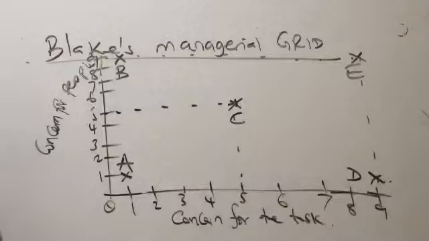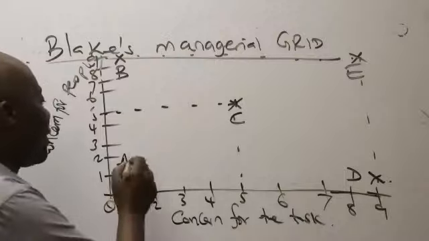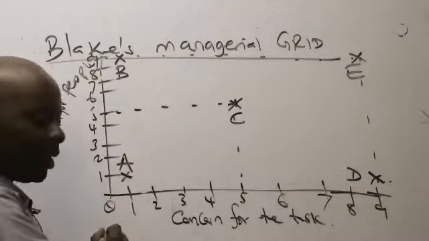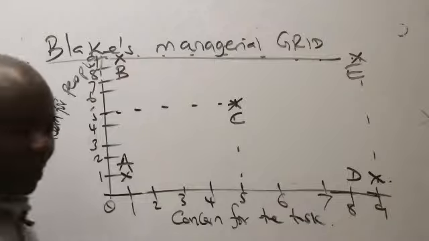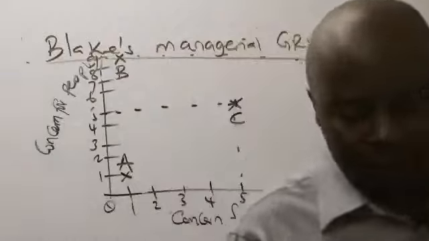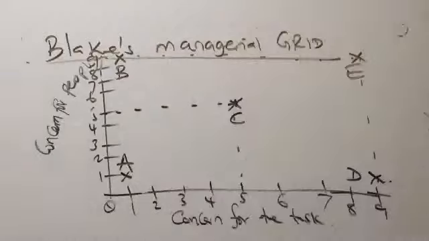So manager A, who is he? What characteristic does he exhibit? This one we call the impoverished style. So A is the impoverished style. Let me try to zoom in my camera for me to get a space to write.